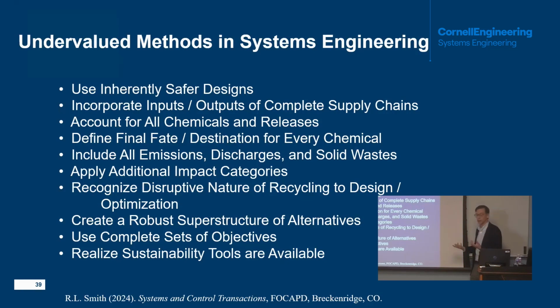When you're doing some sort of systems analysis, if you don't have the system described correctly, I think your results could be incomplete or not quite right. Are we accounting for all the chemicals and releases as much as we can, right? And that includes things like emissions, the discharges of water, the system flows, and then the solid waste.